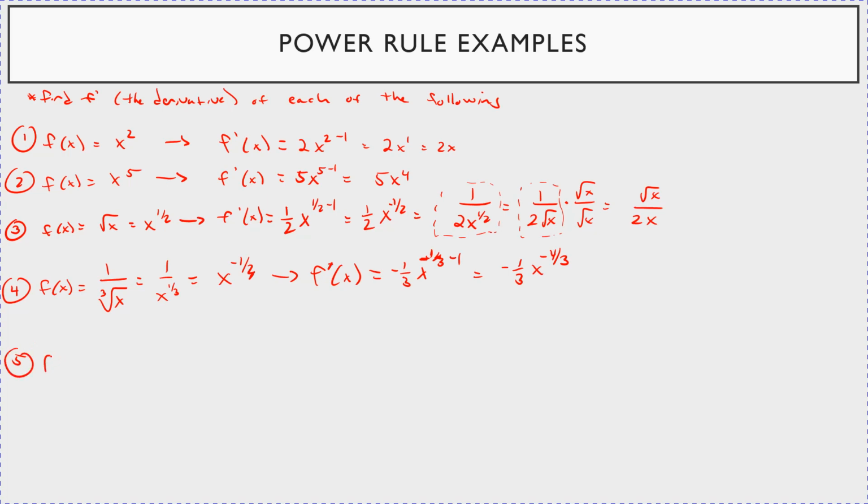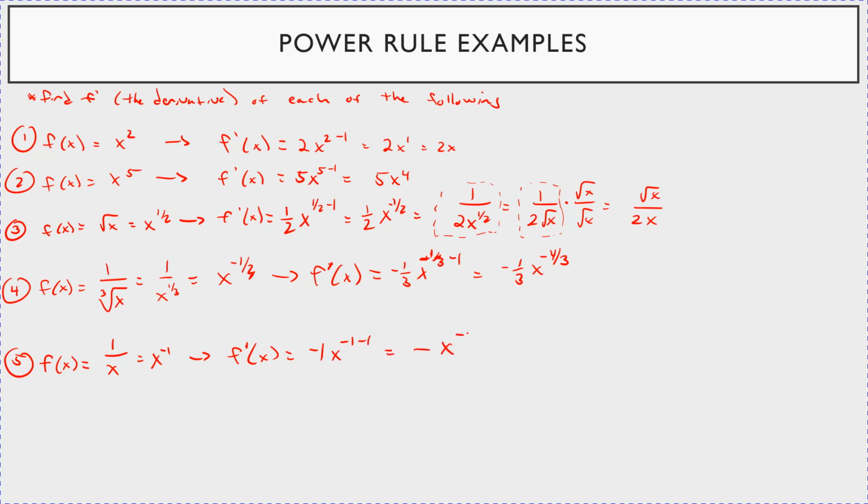All right, now let's just try this last one here. Let's look at f of x is equal to 1 over x. So look, the key here is you just have to rewrite this so that you can use the power rule. So I'm going to rewrite this as x to the minus 1. Well then, f prime of x is equal to, bring the exponent down, minus 1, x to the minus 1 minus 1.